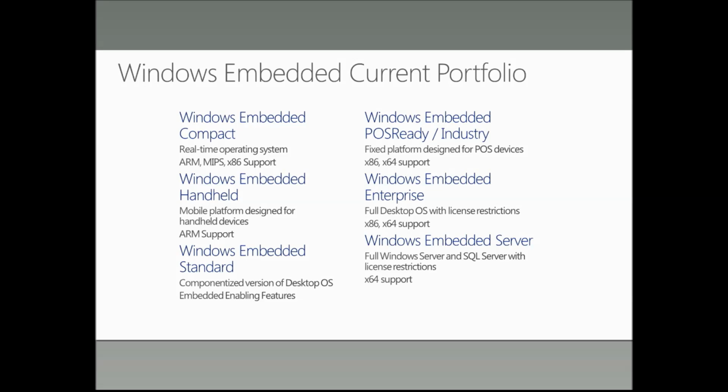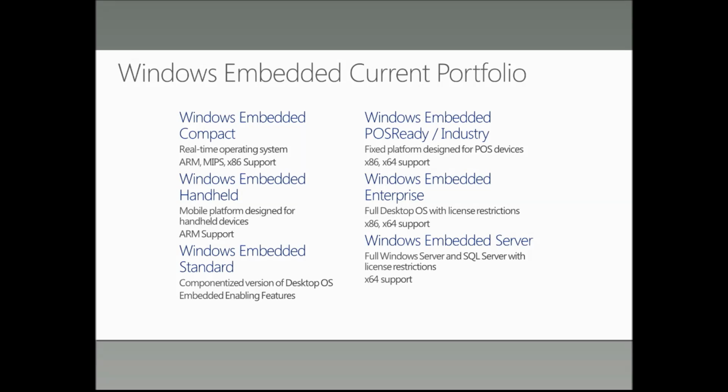Windows Embedded Handheld is a specific version of this, usually built on top of Windows Mobile and now Windows Phone, for handheld devices, vertical devices that share a lot of technology and user experience with our consumer side of the house building Windows phones.